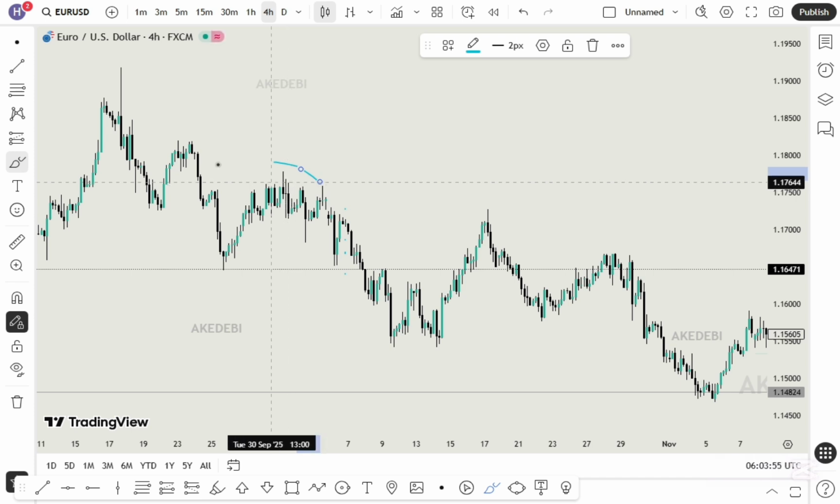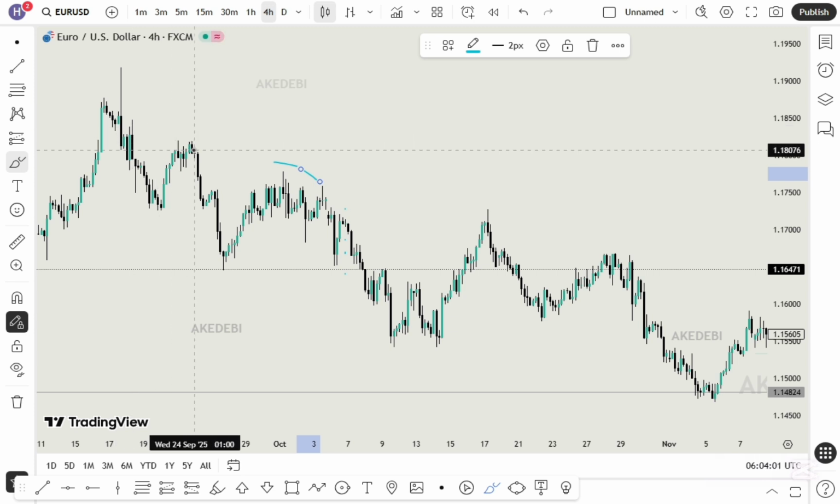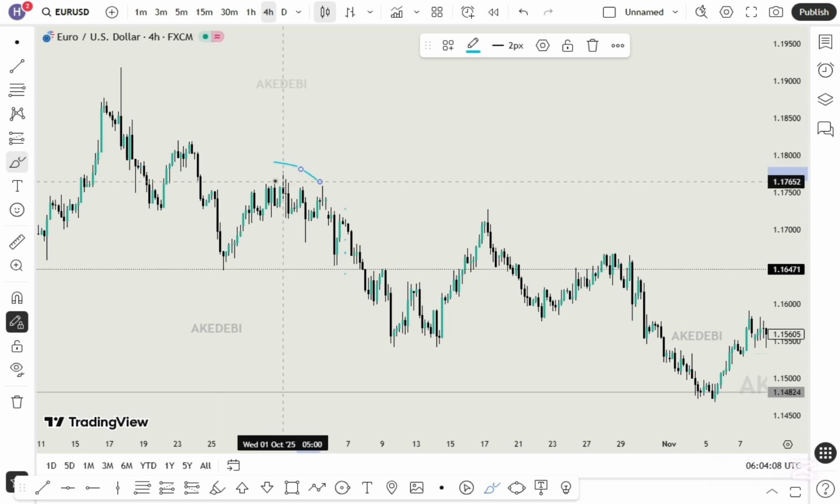You see this market slope down, and when coming here, you see this acts as a kind of support, a resistance zone for this market.